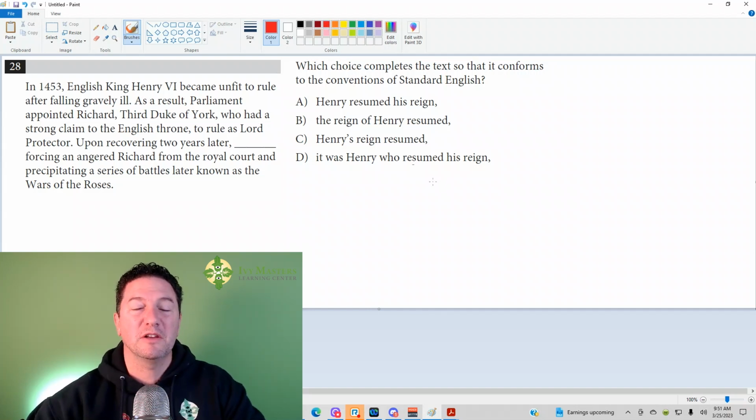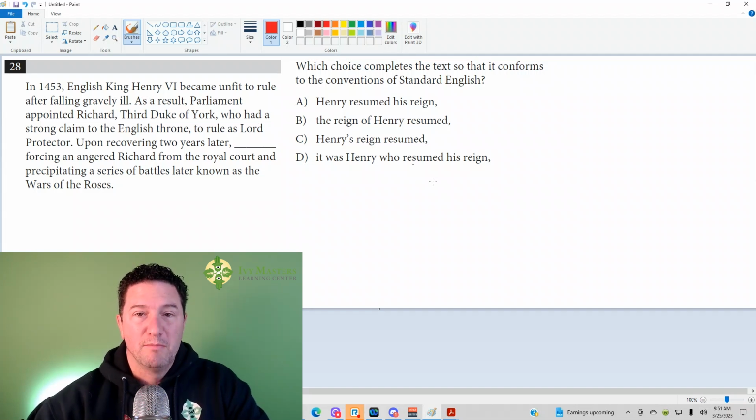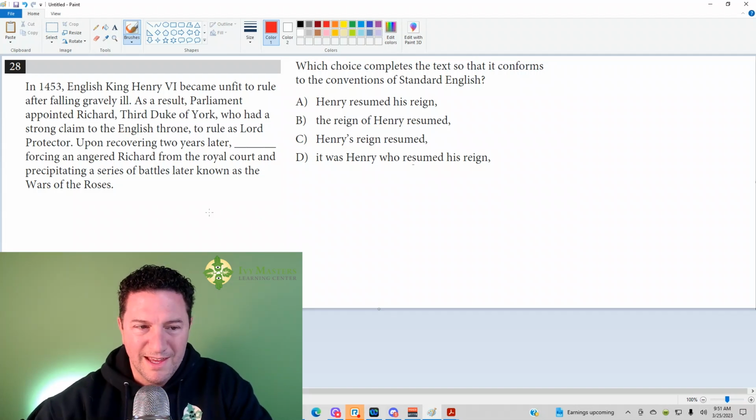And today we're going to look at the 28th question from the Linear Digital SAT Test 1, Module 1, Reading and Writing. 28 reads: In 1453, English King Henry VI became unfit to rule after falling gravely ill.